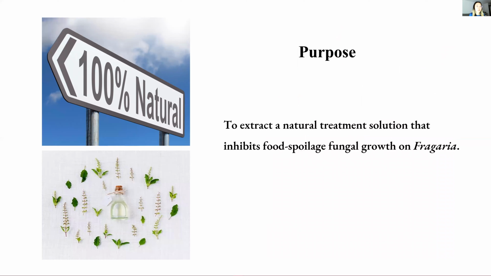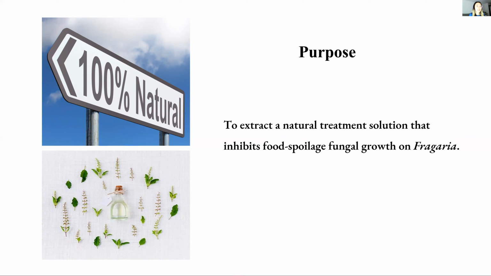I propose a strategy where we can use natural treatment solutions derived from herbs or other food items that are already safe to consume. Previous research has shown the antifungal properties of some herbal extracts, but many of these studies focus on the antifungal properties against fungi that can infect humans, but not food.